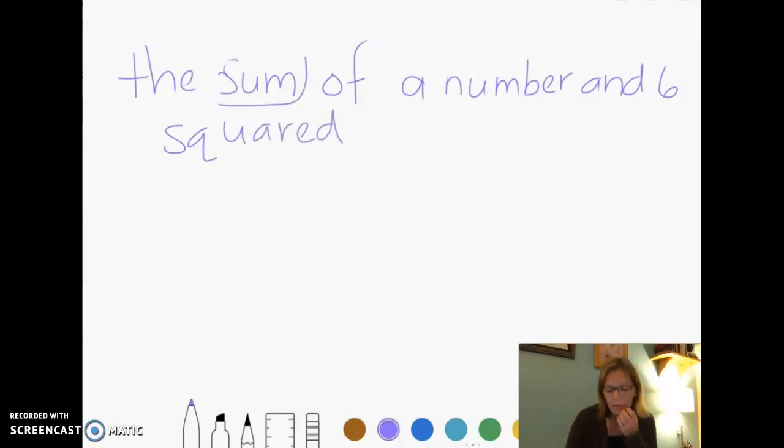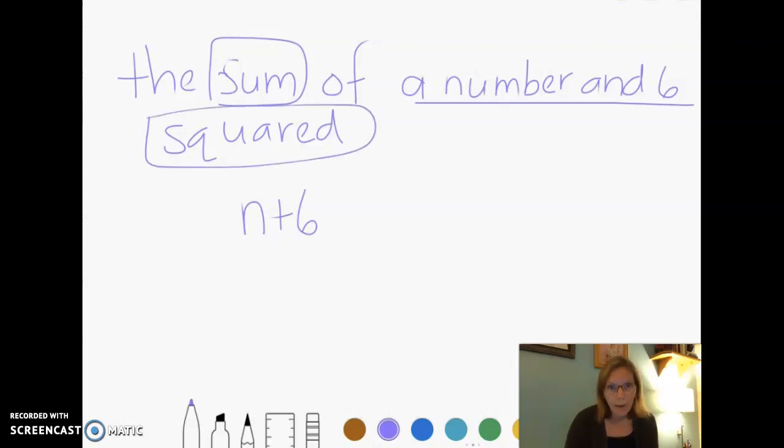So first thing I'm thinking about is this word sum. What does sum mean? Sum means to add. So what am I adding? I'm adding a number and 6. So the sum of a number and 6, and the last part is squared. Now if it's telling me the sum of a number and 6, all of that is going to be squared. Okay, so use parentheses in that case.